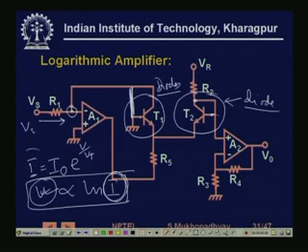The input current is Vs by R1. So the input current is actually proportional to the input voltage. So the output voltage, if we can use this amplifier, is going to be proportional to the log of current, or it is going to be proportional to the log of the voltage. So this is the basic principle on which we use these log amplifiers.